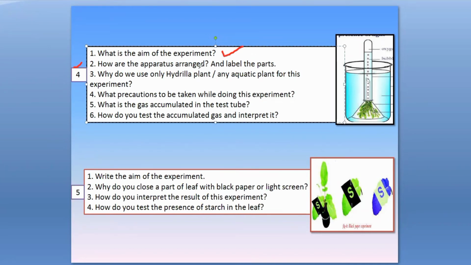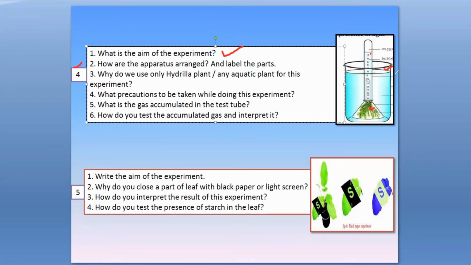How are the apparatus arranged and label the parts? Let us take a beaker and pour water, take the hydrilla and insert it into the thistle funnel, and take the test tube. The thistle funnel is inserted and the test tube is inverted and kept in the beaker in this way.